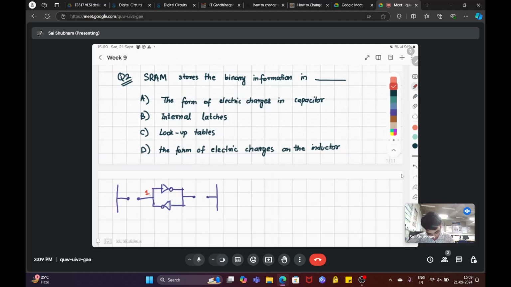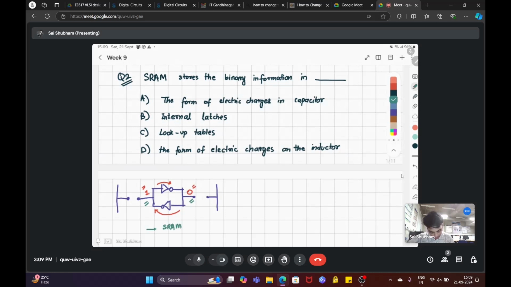This one will pass through this inverter and zero will be stored over here, and this zero will pass through the inverter and one will be stored over here. So this zero keeps this as one, and this one keeps this as zero. This is a continuous feedback system, so that's why the data is stable. This is basically a configuration of your SRAM.